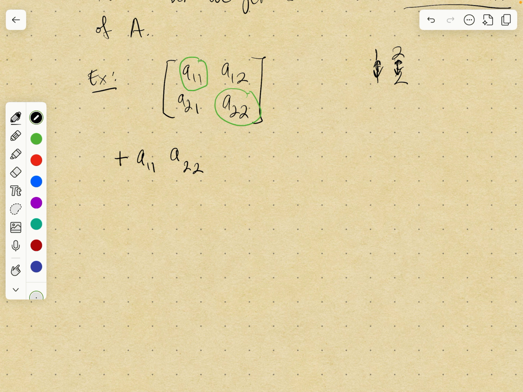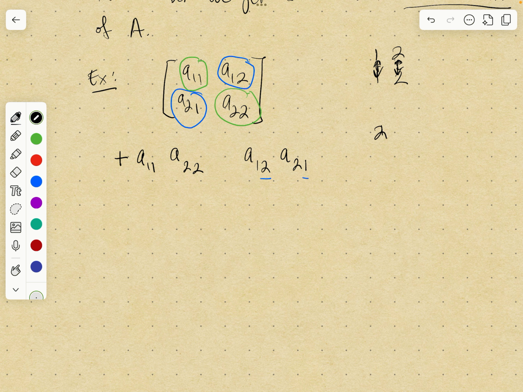Now for the next permutation, there's only one left, which is to take the A sub 1,2 in the first row, and then A sub 2,1 in the second row. So now I have A sub 1,2 and A sub 2,1. I have these numbers, the J sub 1 is 2 and the J sub 2 is 1.